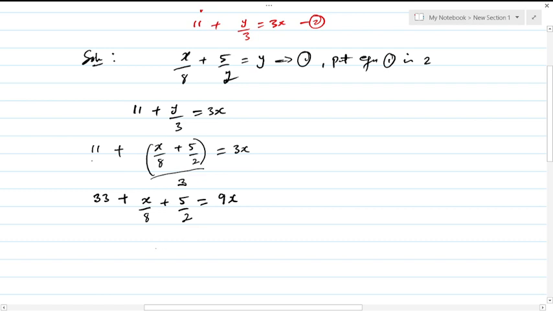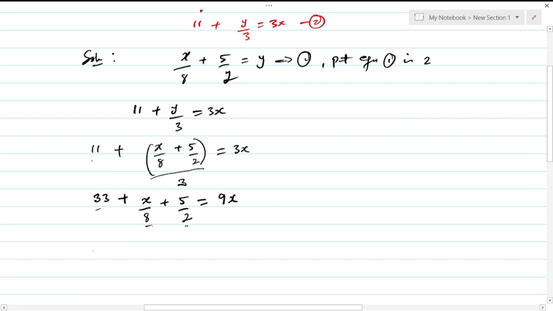All right, to eliminate this fraction 8, the LCM of 8 and 2 is 8. So you have to multiply each term by 8 so that we can eliminate those fractions.